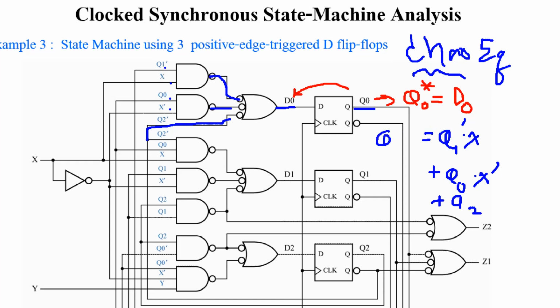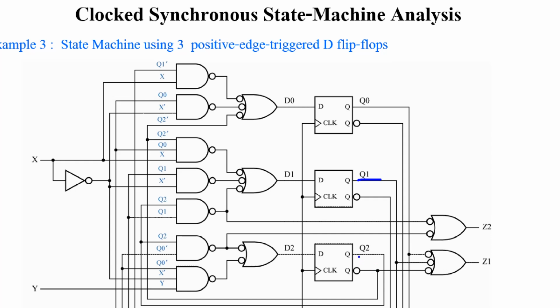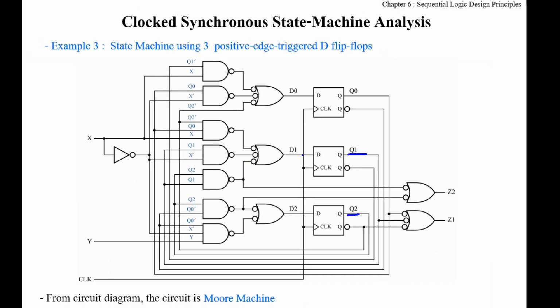This is the transition equation for Q0 star. For Q1 star and Q2 star, you can also find them in the same way.